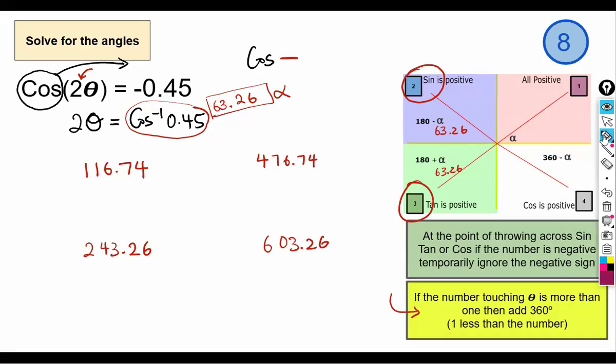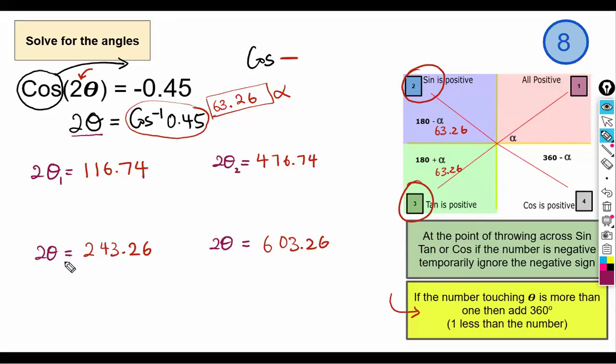All of these 4 answers are equal to 2 theta at the same time. Remember, we had 2 theta on that side. You can't forget the 2 theta. So that means 2 theta is equal to this answer. 2 theta is equal to this answer. 2 theta is equal to this answer. And at the same time, 2 theta is equal to that answer. We have to solve for theta now.